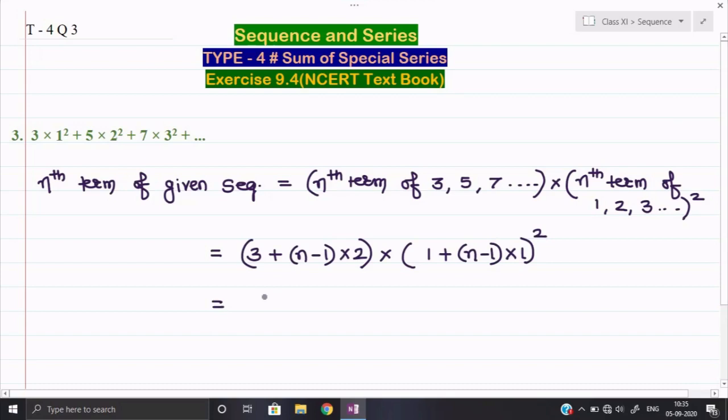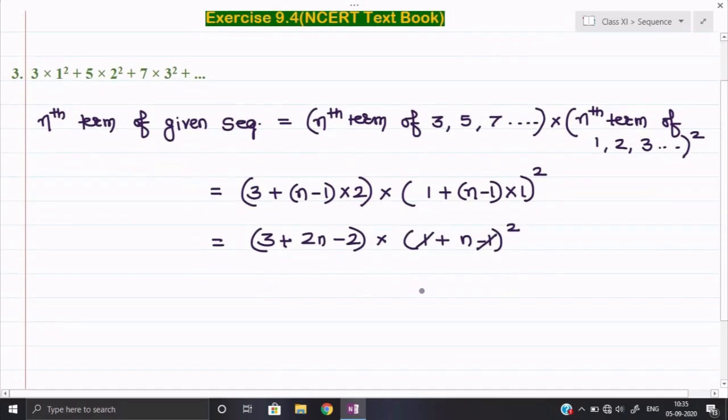So this will become (3 plus 2n minus 2), that is one bracket, and into (1 plus n minus 1) whole power 2, minus 1 and plus 1 got cancelled here. So 3 minus 2 is also plus 1. So we got here (2n plus 1) into n square, right? N square you can multiply. So the value of an you will get here 2n cube plus n square.